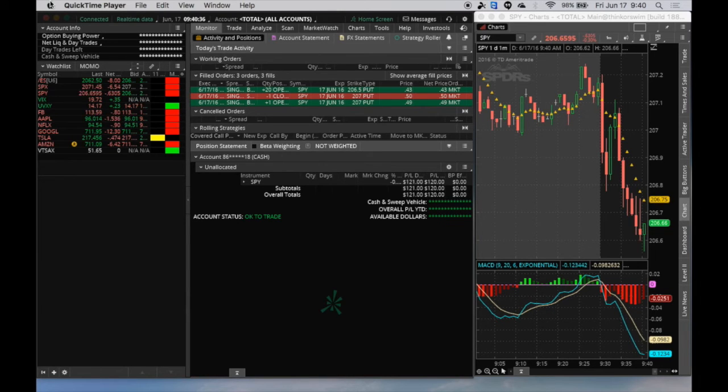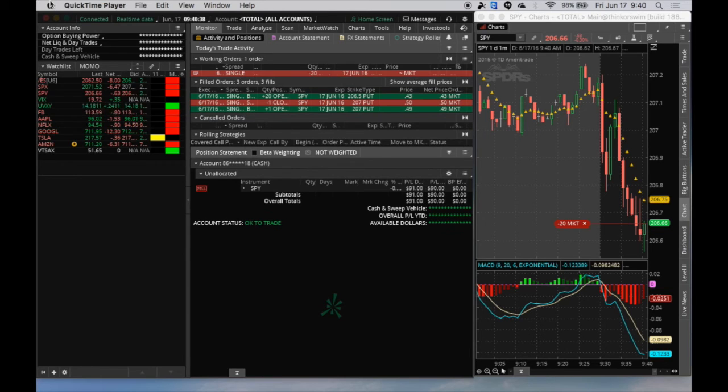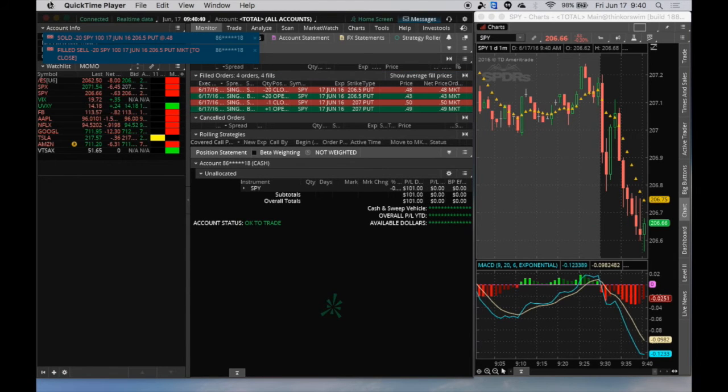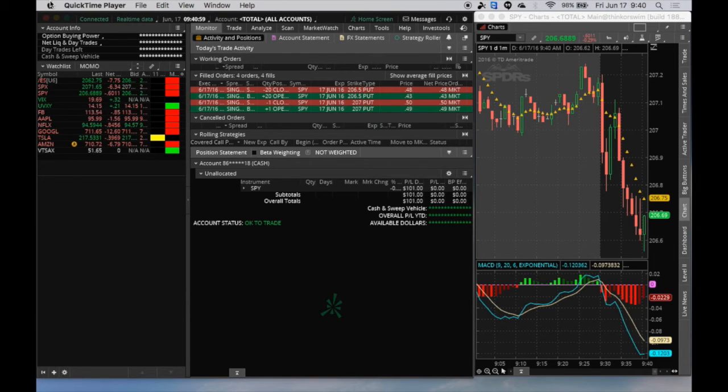So that's where I sold. And I ended up selling it for 48 a contract from 43. Again, after the commission, I ended up making $40 on this trade, which isn't exactly what I was hoping for. As you can see, there was a spot when it almost hit $200.